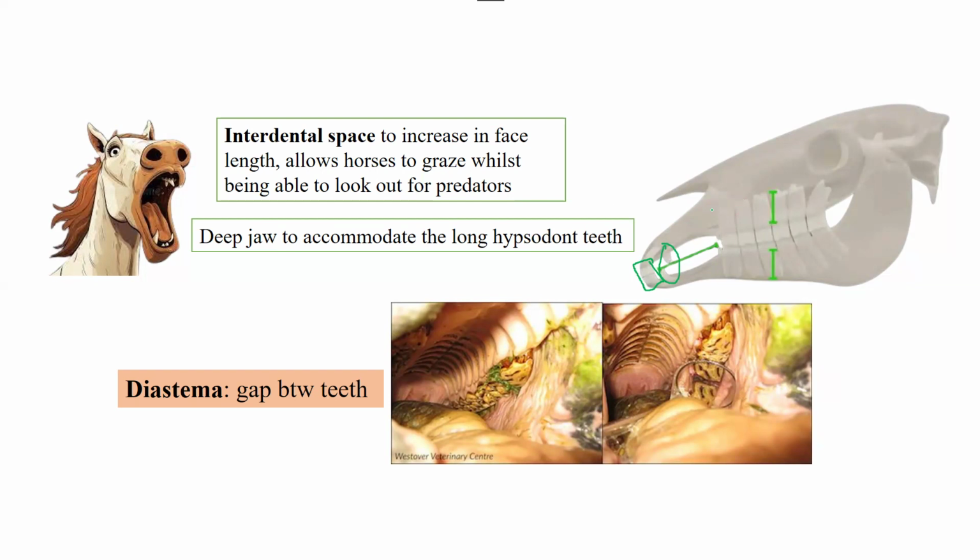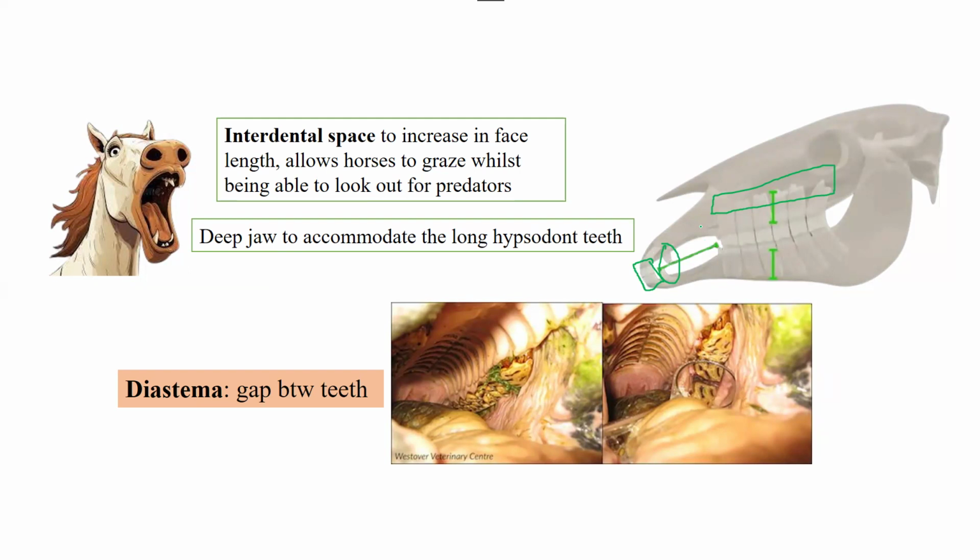Next we have premolars and molars, and they are here. Their teeth are not arranged like our teeth or any other animal's. Our teeth do not have space in between, but horses have this clear-cut space, and that is called the interdental space. That increases their face length so they can graze while they watch for their predators.